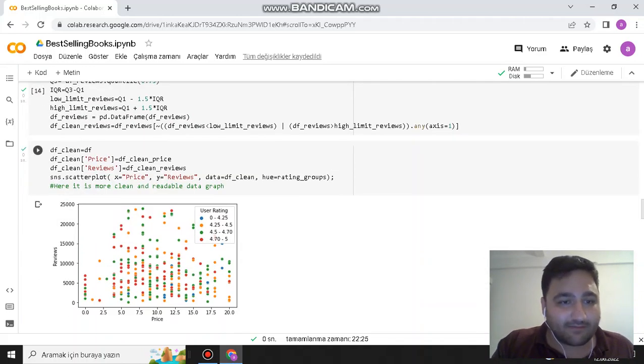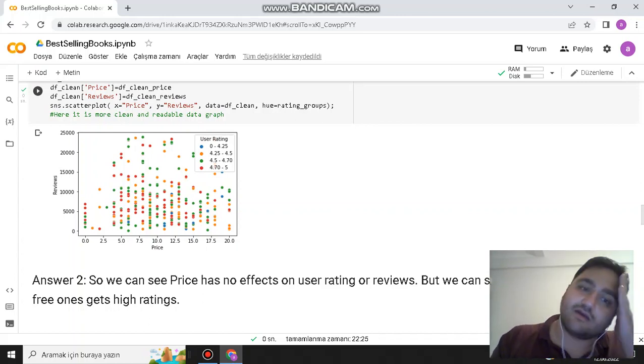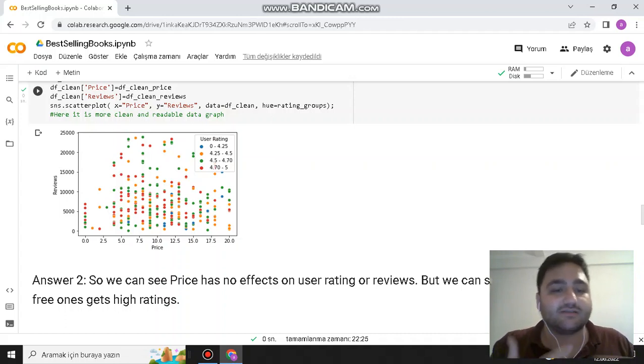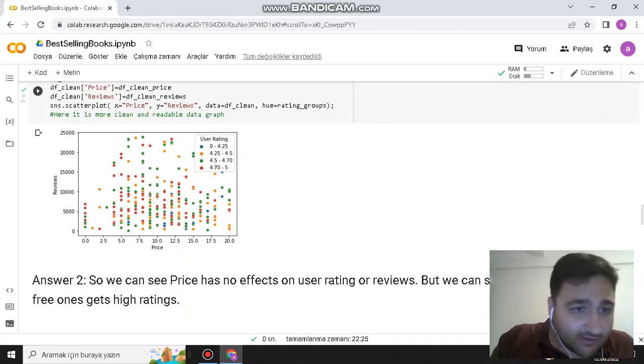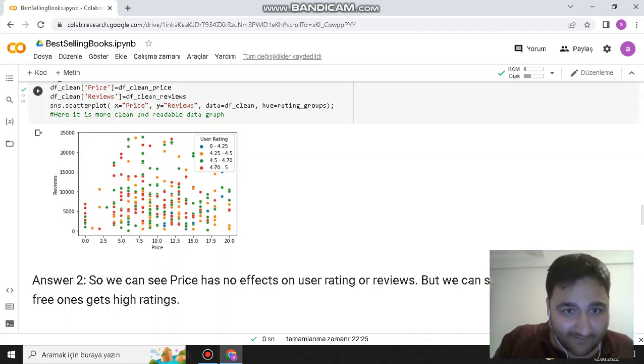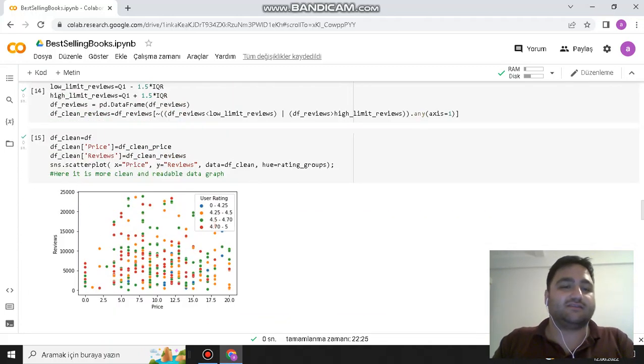So now we have more clean data, and also we can see there is no relationship between review and price and user rating. But some of the free books have high ratings, as you can see here. Most of them are green and red. So there's nothing else to see in this graph.